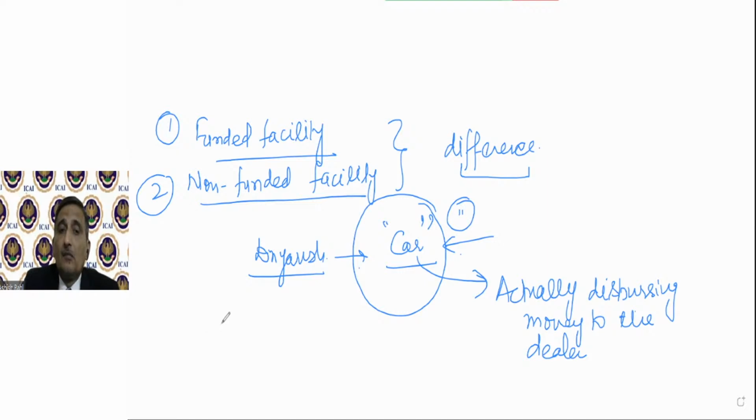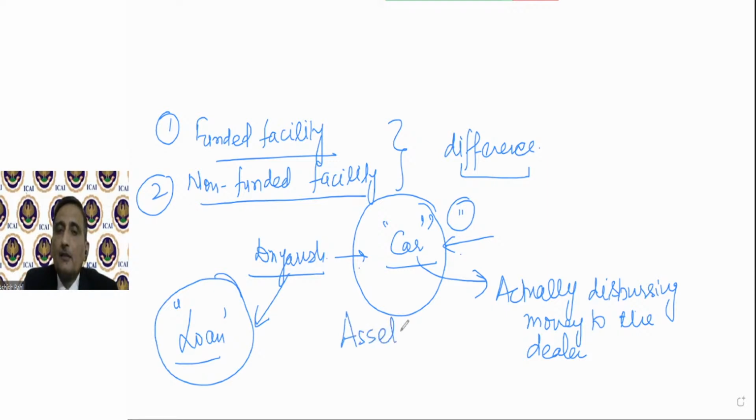And a loan would be created in the name of, say, Dinyansh. Okay. So that loan is an asset of the bank. So the bank has lent money and that is an asset of the bank. The bank has to get back its money. Okay, so here in funded facility, the actual transfer of money takes place.